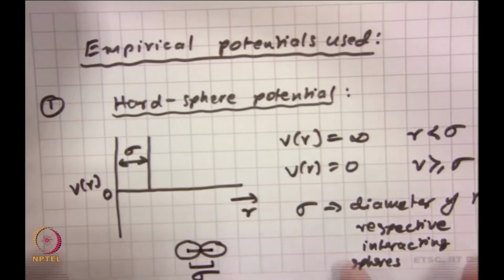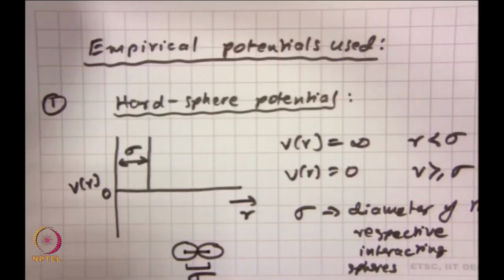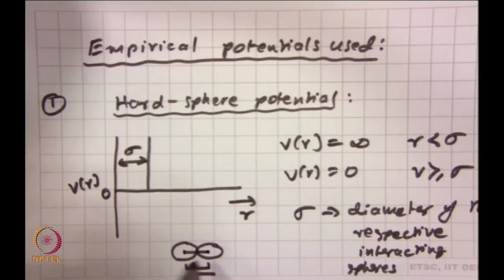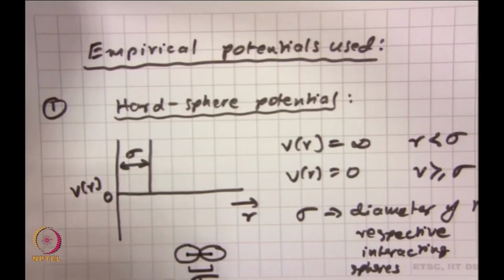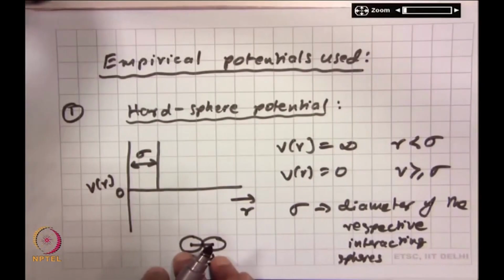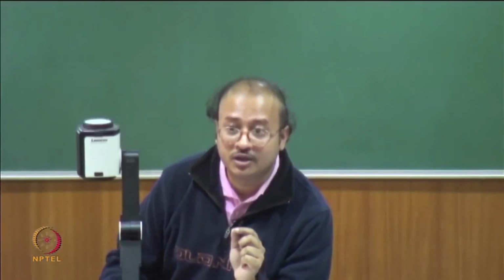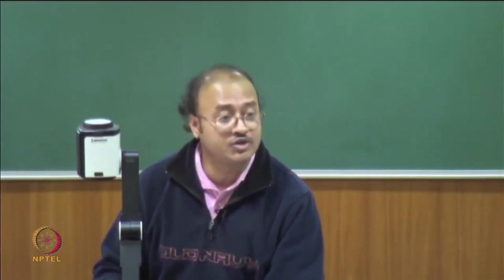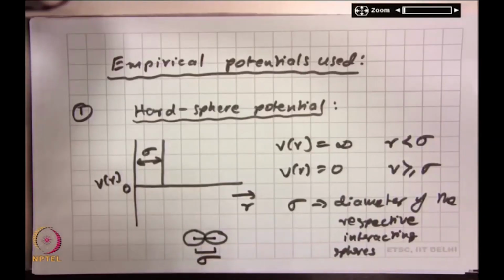Again, what is the significance of hard spheres? Can someone tell me? When these two spheres are colliding with each other, if they are not hard, then this one might induce a deformation in this one, and hence your distance is going to change. But if it is a hard sphere, what does it mean? Hard sphere means these two collide with each other and then elastically bounce off at this distance sigma.